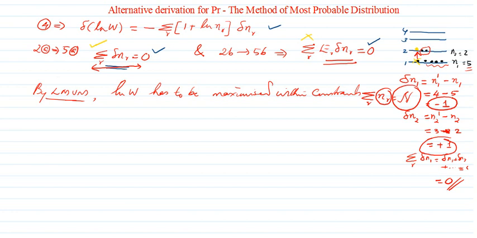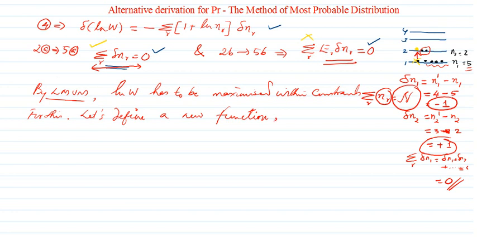See how simple this method is; it's not complicated. We are going to define a new function which incorporates the original function to be maximized as well as the constraint equations. New function, say f.